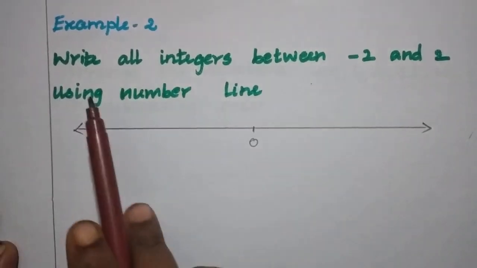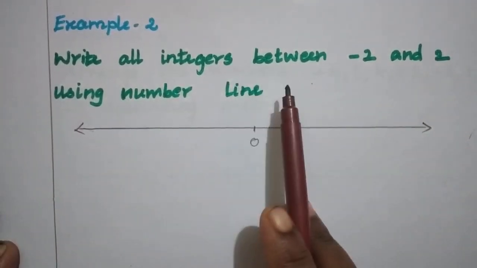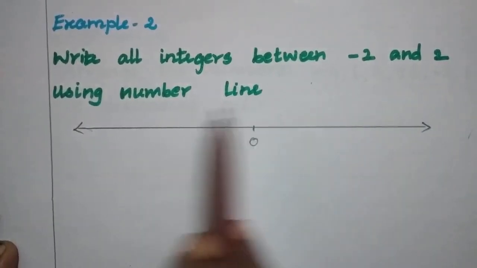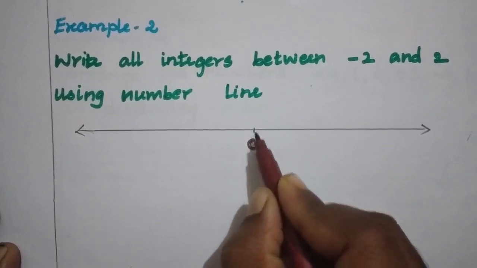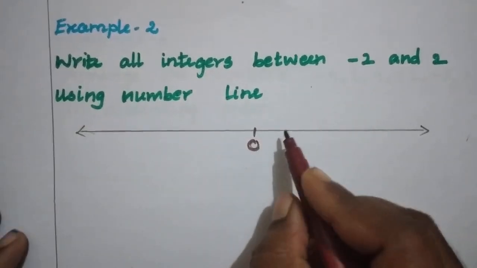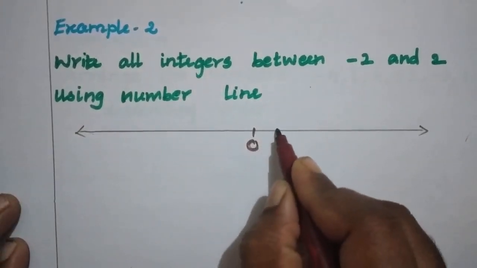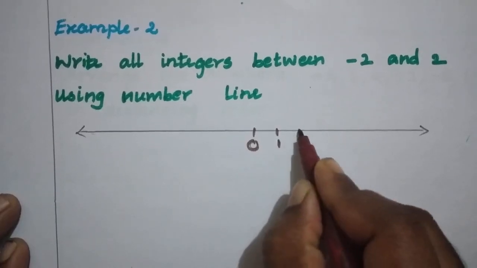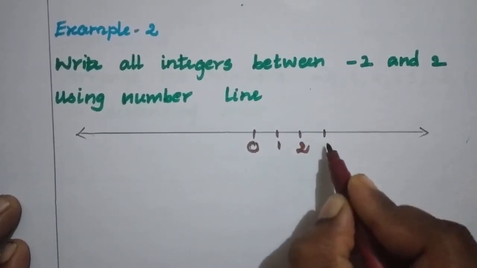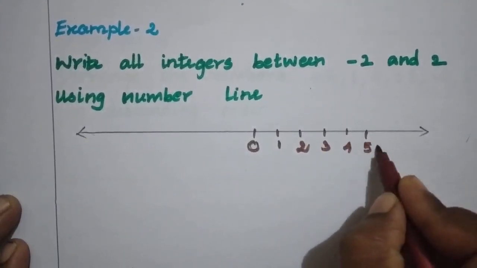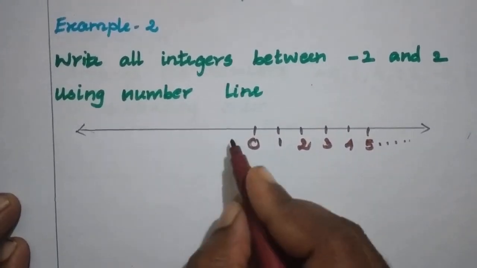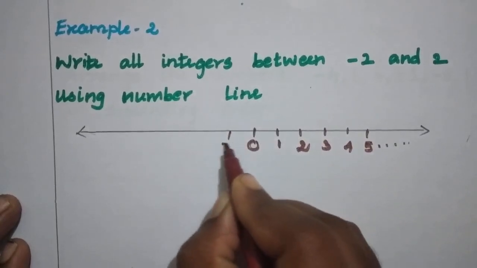Example 2. Write all integers between minus 2 and 2 using a number line. So mark 0 at the center. The numbers to the right of 0 are increasing. So 1, 2, 3, 4, 5 and so on. The numbers to the left of 0 are decreasing.